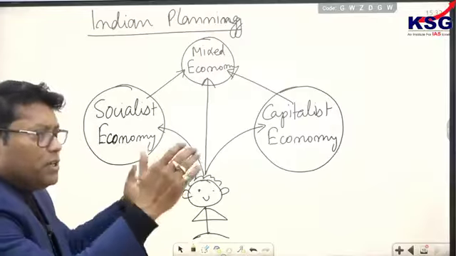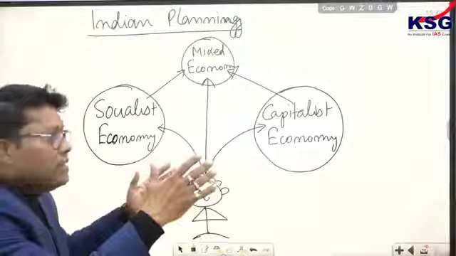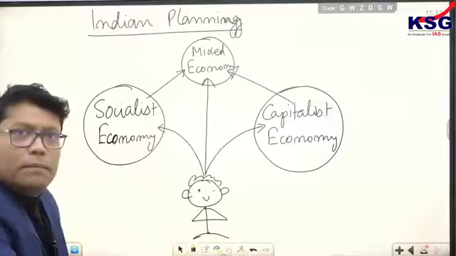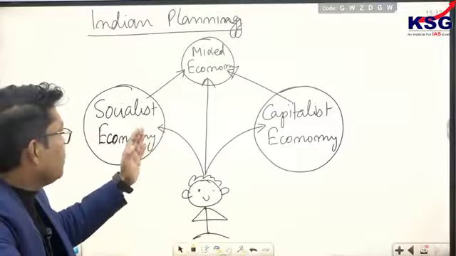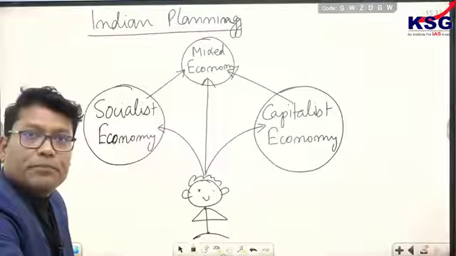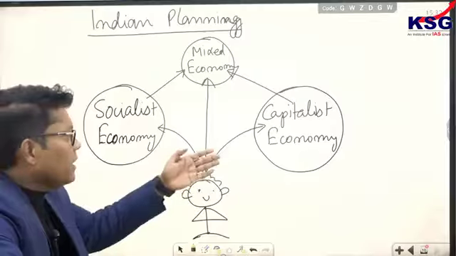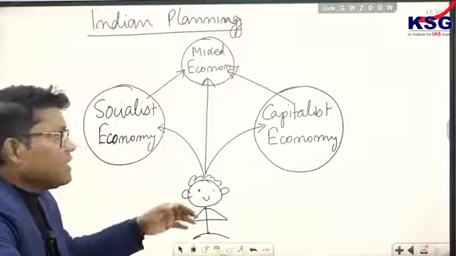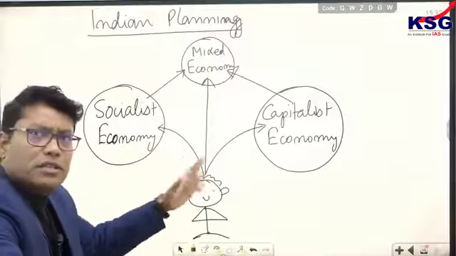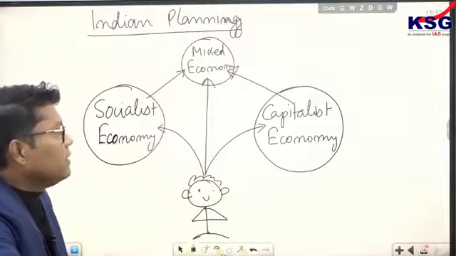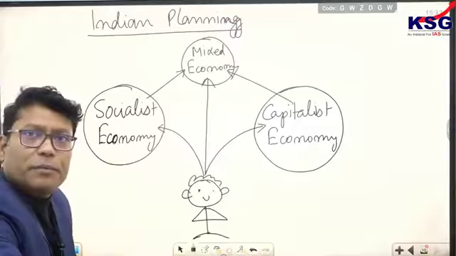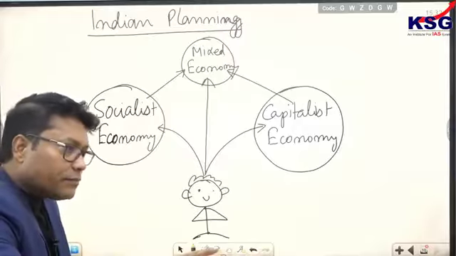During that period, on one side there was the capitalist economy, and on the other side the socialist economy. Socialist economy like USSR, and capitalist economy like USA and France are examples.